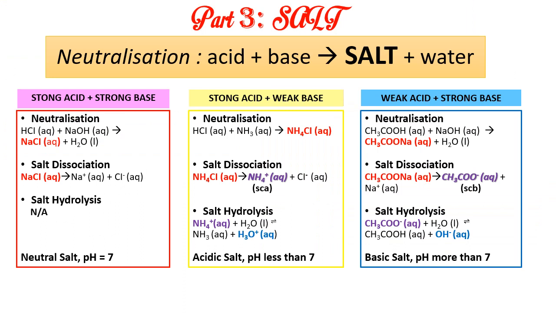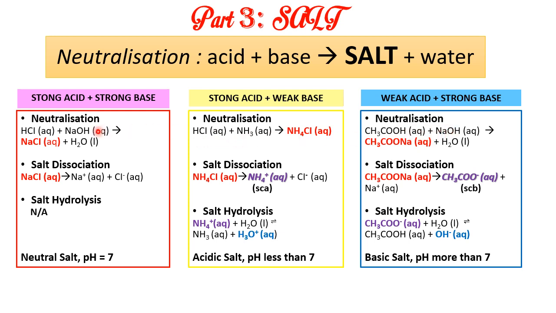The third focus is about salt. Salt actually is the product of neutralization. It's the reaction between acid and base, which will produce salt and water. So there are three types of salt: neutral salt, acidic salt, and basic salt. Here, I encourage my students to write down the neutralization equation first, to help them identify whether the reaction is strong acid, strong base, strong acid, weak base, or weak acid, strong base.